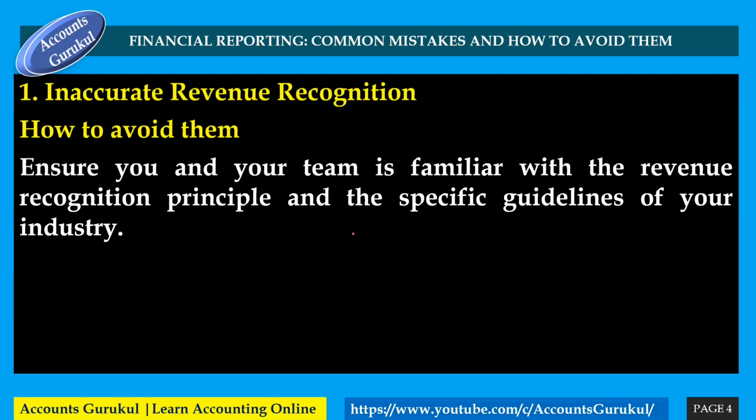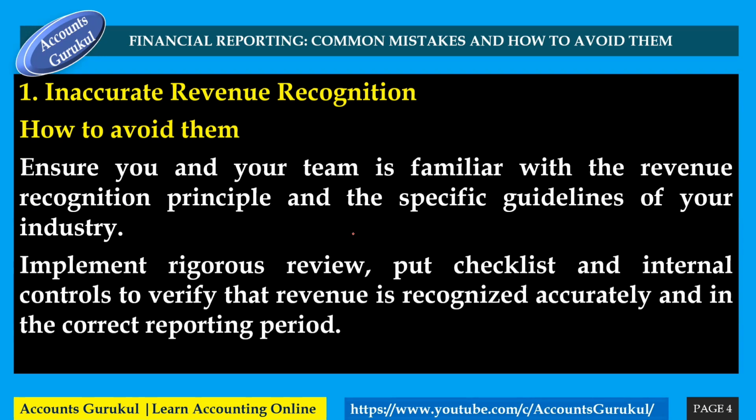Ensure you and your team are familiar with the revenue recognition principles and the specific guidelines of your industry. That's so important. Implement rigorous review, checklists and internal controls to verify that revenue is recognized accurately and in the correct reporting period, with more accuracy. You have to ensure that.